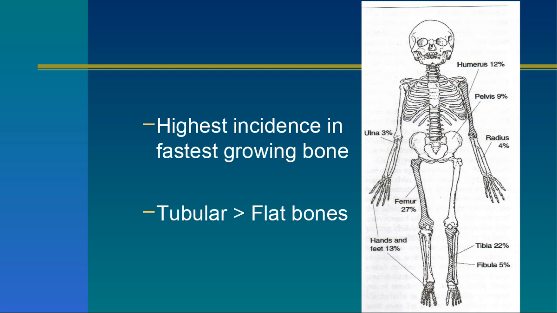So that's almost half of the cases of osteomyelitis resulting from infection in the lower limbs. So it occurs in the upper limbs, but not as commonly. And in the upper limbs, it's commonly in the humerus.